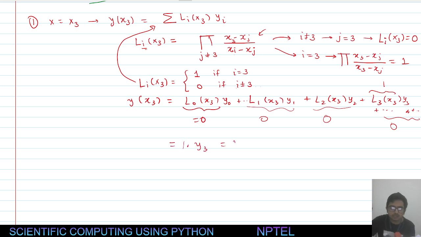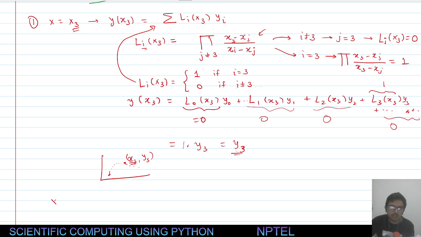y3, which is y3, which means whatever our scheme is, it is at least interpolating because it is passing through x3, y3. We saw that whatever the function was, its value at x3 turns out to be y3. And I chose 3 just arbitrarily.